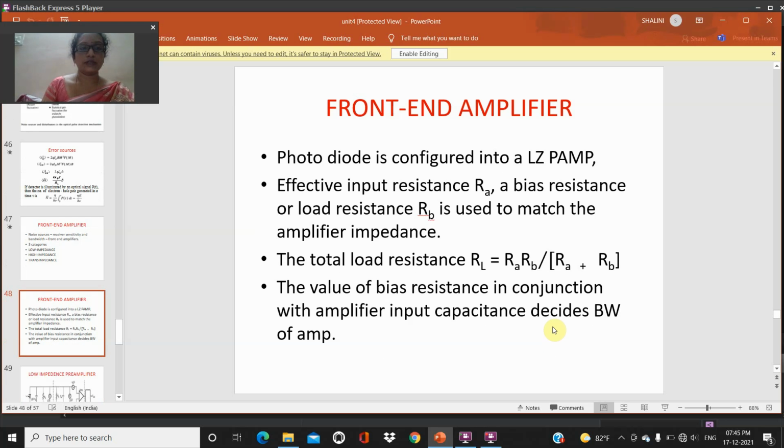The photodiode is configured into the amplifier, with effective input resistance R_A, and a bias or load resistance R_B used to match the amplifier impedance. The total load resistance R_L is equal to R_A R_B divided by R_A plus R_B. The value of the bias resistance in conjunction with the amplifier input capacitance decides the bandwidth of the amplifier.